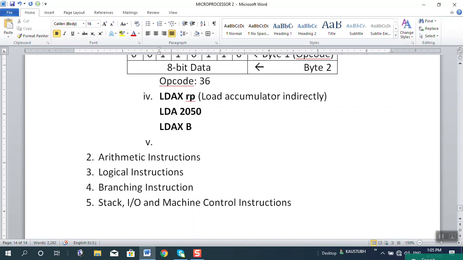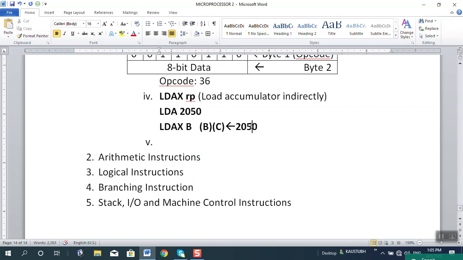So that means it is your BC register pair, and in B and C, suppose the 2050 address is stored.